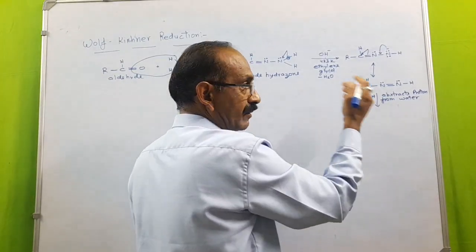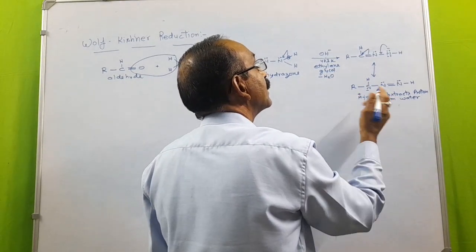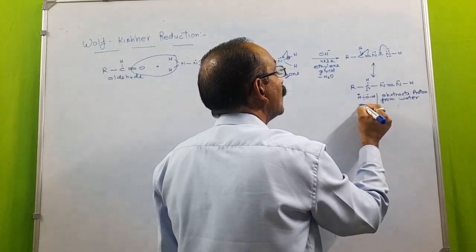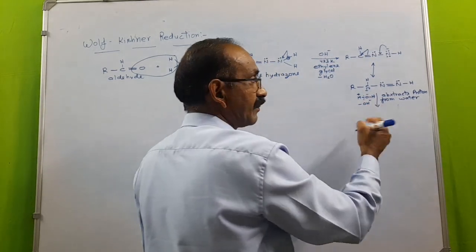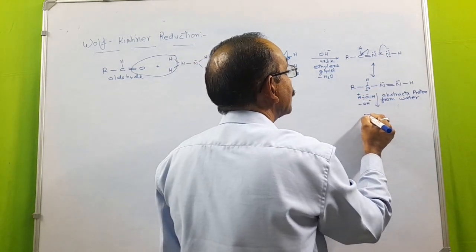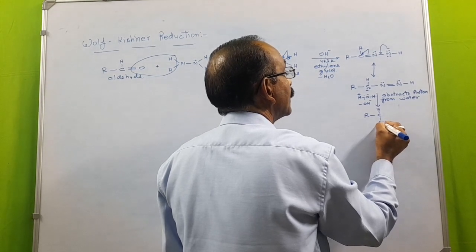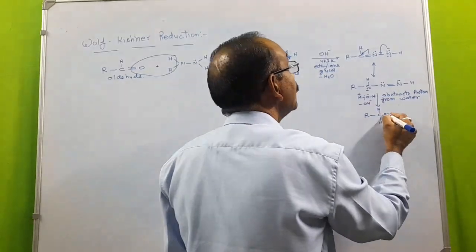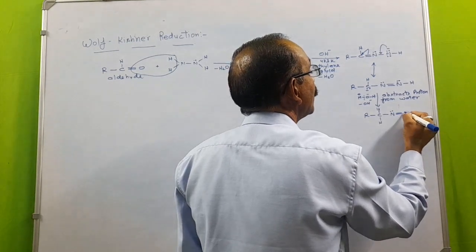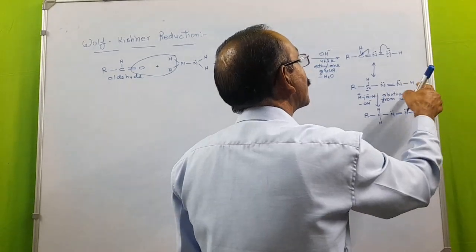H plus will be taken by this negatively charged carbon, and here the OH minus ion is set free, and the proton will form a bond with this electronegative carbon, and you will get RCH. Here hydrogen will form a bond with this carbon, and now nitrogen has the double bond to another nitrogen, and this nitrogen has the hydrogen.